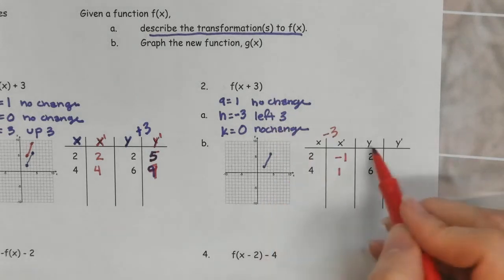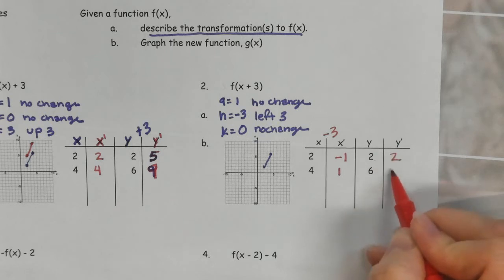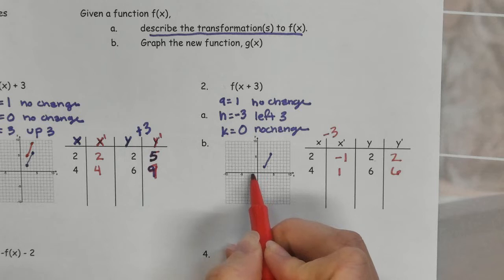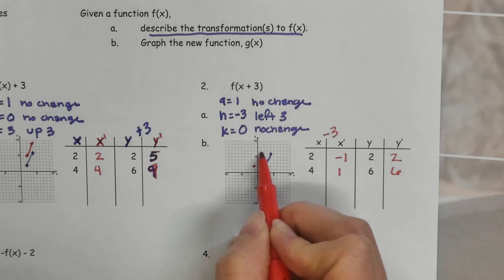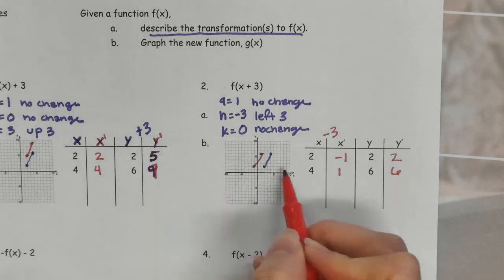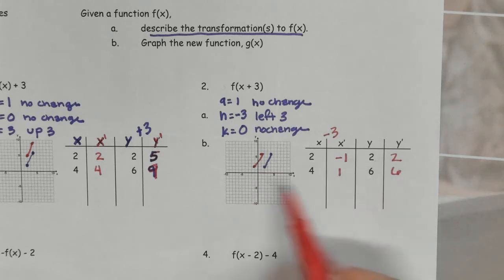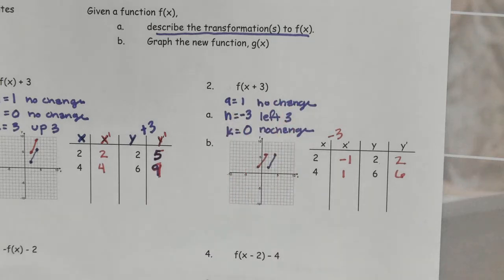Now, none of these are changing, so I don't have to change my y value. So those stay the same. So now I graph -1, 2, and I graph 1, 6. And it looks like the graph moved 3 to the left, and that's what I wanted.